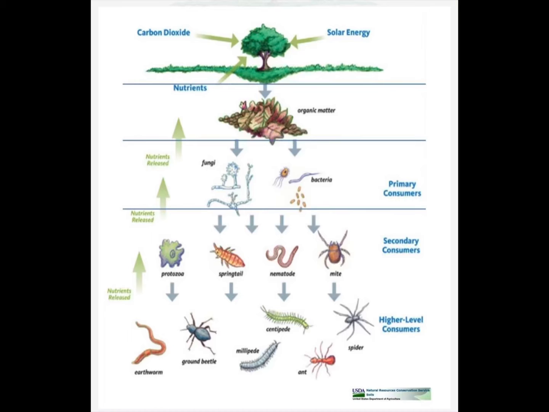Everybody that pretty much got out of elementary school knows about carbon dioxide and the sun, and how plants use that. But what goes on under the ground is probably a little less understood. Like organic matter, like compost. You think compost is actually feeding the plant, and actually it does, but it doesn't. It actually feeds the fungus and bacteria, and the bacteria and fungus is what feeds the plant.